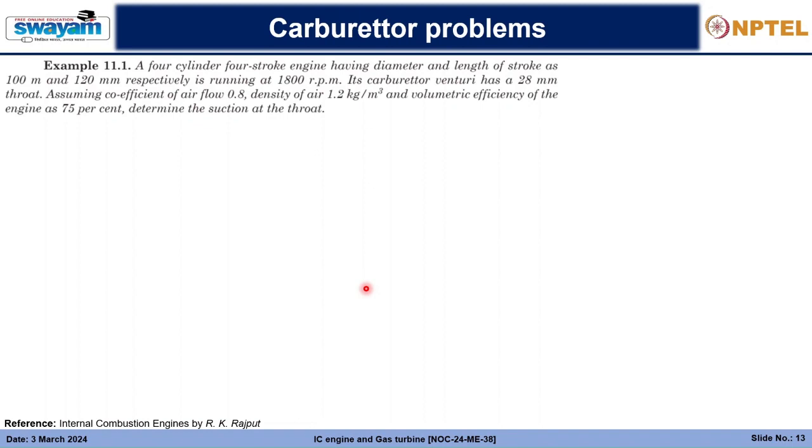Its carburetor has a 28 mm throat diameter. Assuming the coefficient of airflow to be 0.8, density of air 1.2 kg per meter cube, and volumetric efficiency of the engine as 75%, determine the suction at the throat. We need to find the airflow.